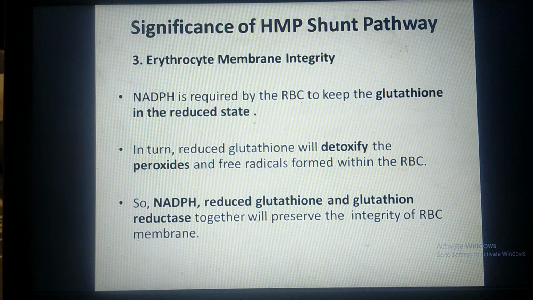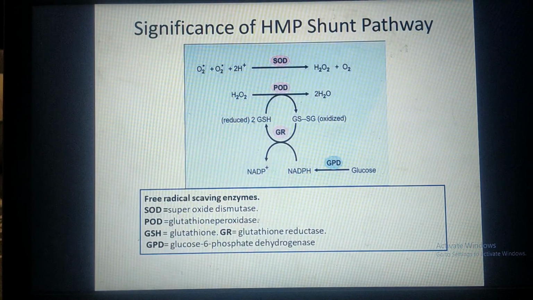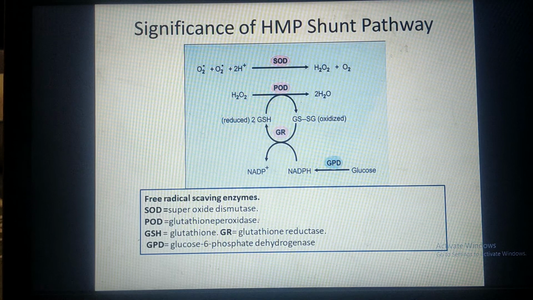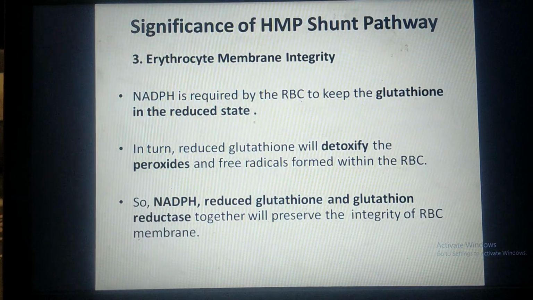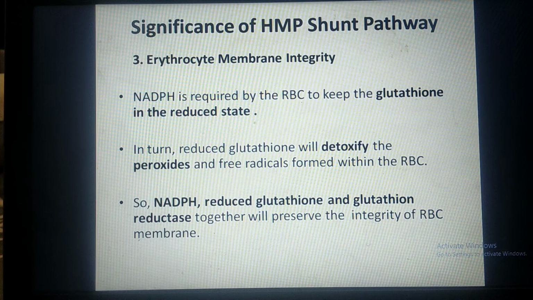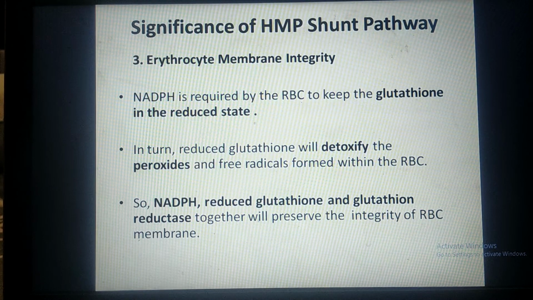But NADPH, along with reduced glutathione and this enzyme, helps in removing the hydrogen peroxide. The mechanism and the enzymes are the same. So NADPH helps to maintain the erythrocyte membrane integrity.